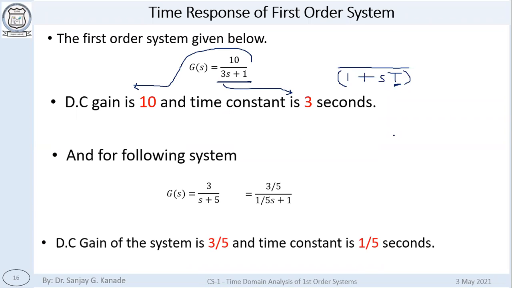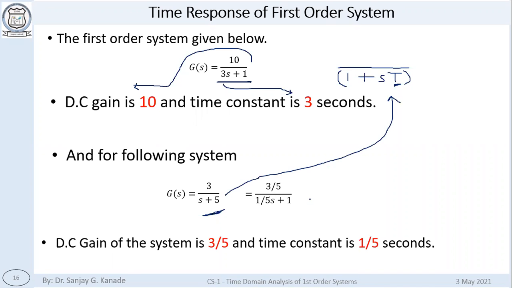But in general, many times the system equation is not given in this format. Many times it is given in a format like 3 upon s plus 5. So in this case, what is the DC gain and time constant? You have to rearrange these terms and bring this equation into this format.